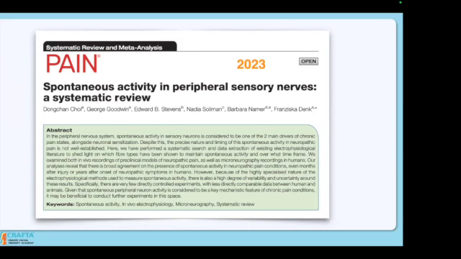You can see in the abstract that in the peripheral nervous system there could be spontaneous activity in the sensory neurons, which is considered to be one of the two main drivers of chronic pain, alongside, of course, neural sensitization. So it's important to understand that it could also be a reason that someone has pain besides neural sensitization itself, specific for chronic pain, but it could also be in an acute or subacute situation.